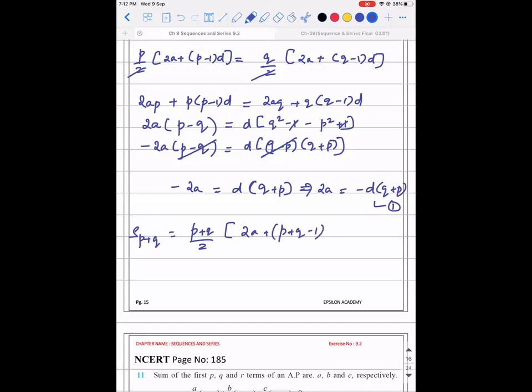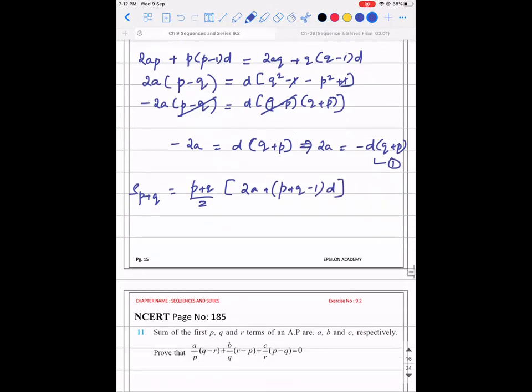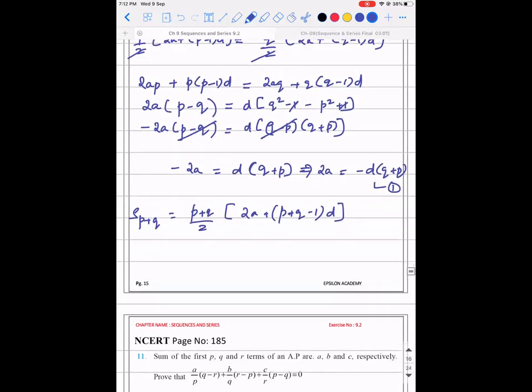If any step is unclear, ask. No. Tell me. Sir, when you cancel p minus q and q minus p, it will be minus 1, no? Minus 1. Yes, sir. So what is the doubt?